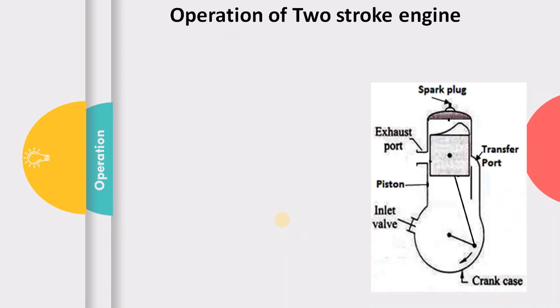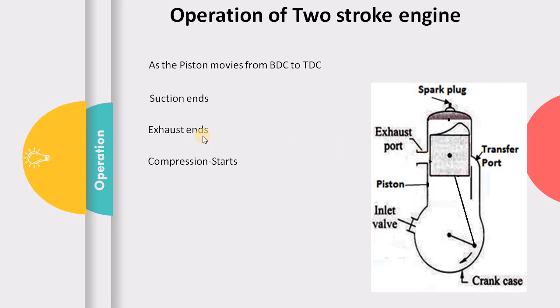So summarizing, what happens when the piston is moving from bottom dead center to top dead center? Initially the piston was at the bottom dead center, the suction was happening, the exhaust was also happening, but as the piston covers the transfer port, suction ends, and as the piston further moves up and covers the exhaust port, the exhaust also ends, and now the compression starts over here.